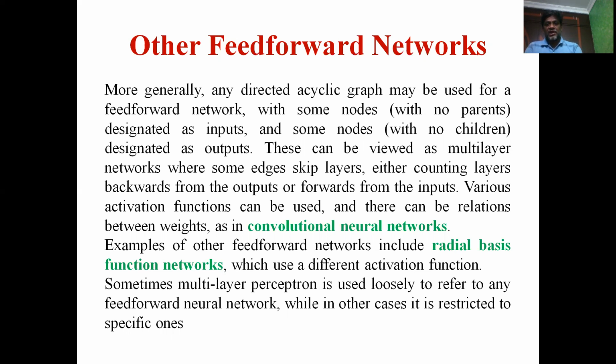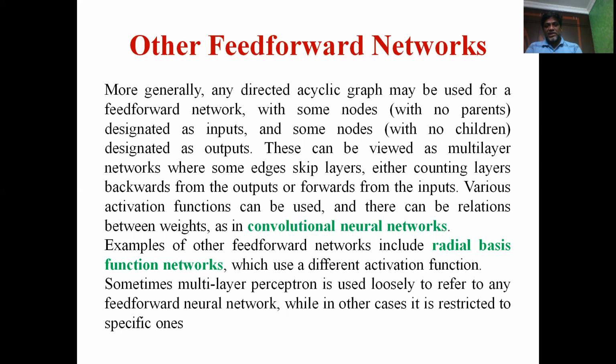we can view these multi-layer neural networks where some edges skip layers, either counting layers backwards from the outputs or forwards from the inputs. Okay, so generally there are two types now: backwards from the outputs or forwards from the inputs. You can see it like that.